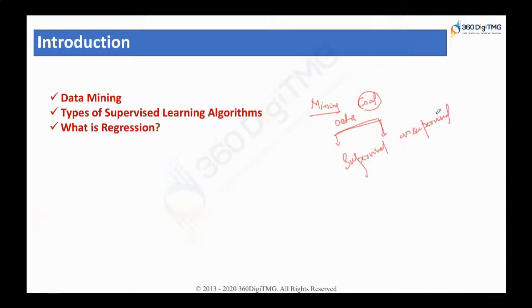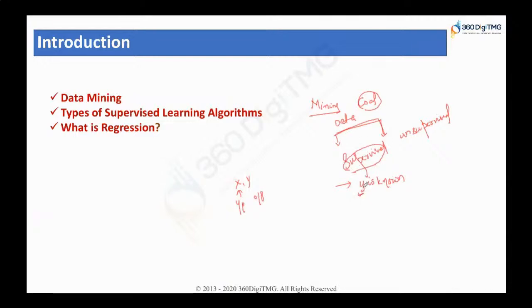Just bear with me if you already know this. If you are new to it, then it will be interesting for you. When you say supervised learning, here Y is known to you. When we have X and Y, X being the input and Y being the output, in supervised learning we know what the parameter Y is.